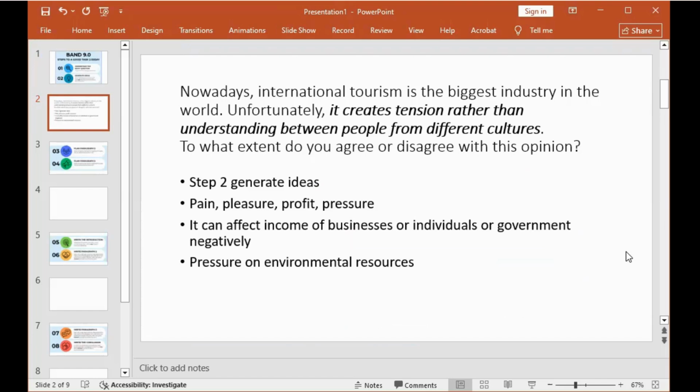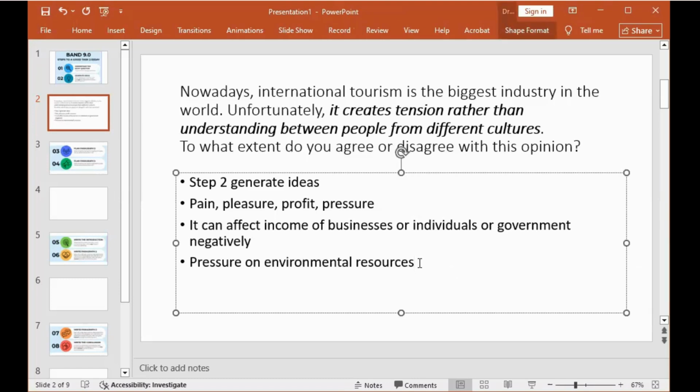When we say environmental pressure, we're saying maybe a particular park or garden is supposed to accommodate 200 people, but you now have maybe 1,000 people there. That's going to put unnecessary pressure on that particular garden. They may end up damaging lots of resources. So, pressure on environmental resources. Another aspect of pressure is, look at this issue of pollution now.